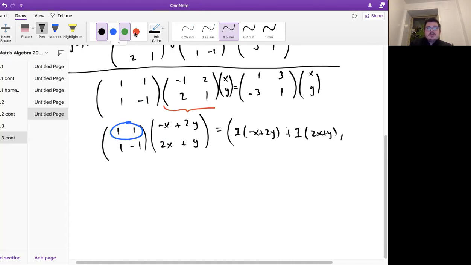And then this row signifies the coefficients of the variables in the second coordinate. So this first one says 1 times the variable in the first coordinate, but this is a composition, and then minus 1 times the second coordinate.